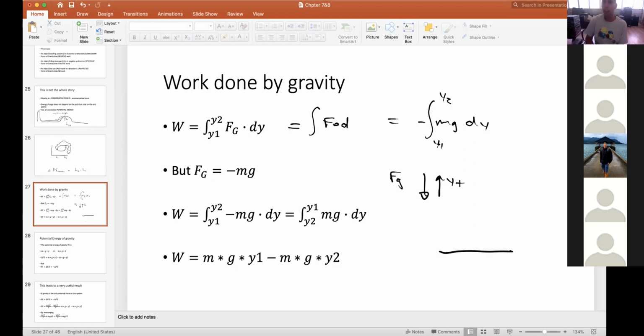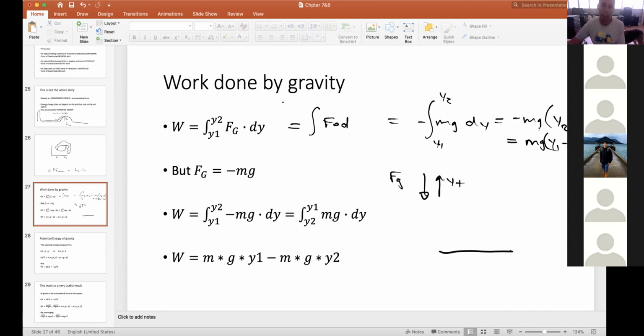If we integrate this with respect to y, what do we get? We get negative mg times (y2 minus y1). Move the negative sign inside, you get mg times (y1 minus y2). The negative sign coming inside changes it.